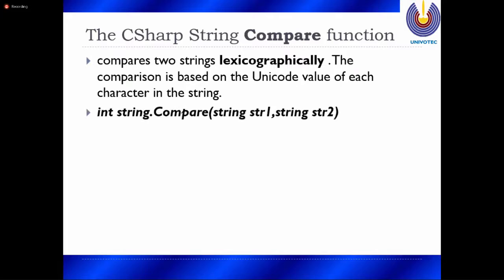In string.Compare, str1 and str2 are the two strings we want to compare. It returns an integer indicating the textual relationship between the two strings. The parameters are string str1 and string str2, the two strings we want to compare.